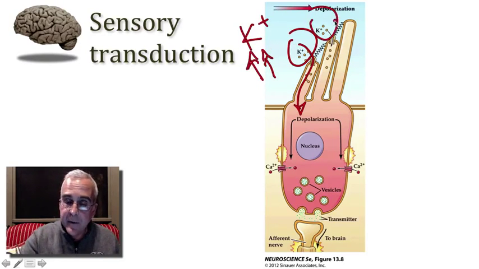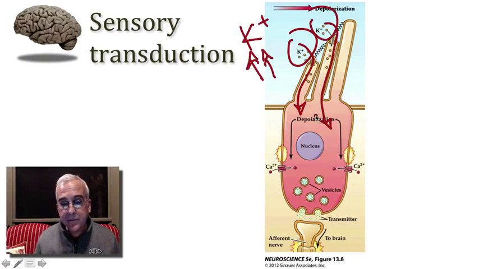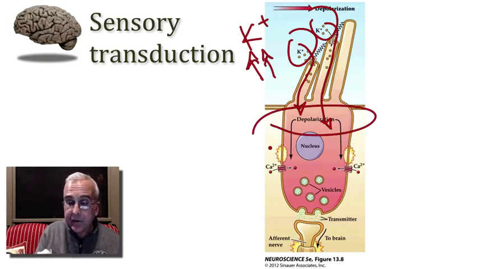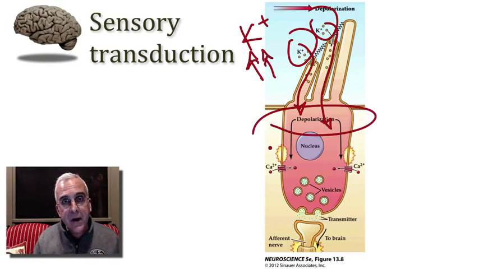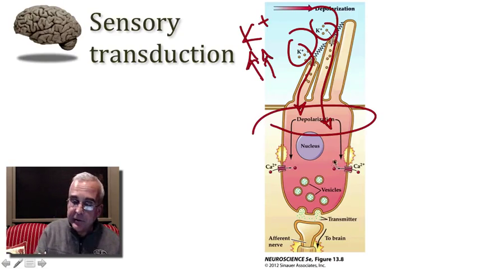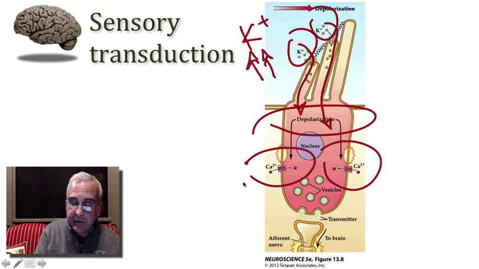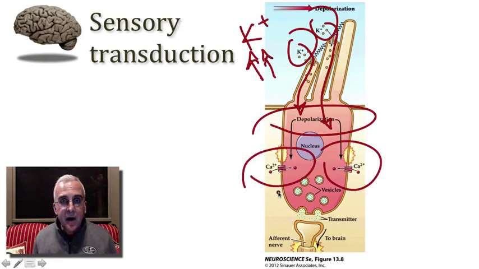So as potassium enters through these potassium channels at the tips of the stereocilia, the hair cell will depolarize. And a graded potential is established in that hair cell with the influx of potassium. That potential eventually opens up voltage-gated calcium channels that exist on the sides of these hair cells.